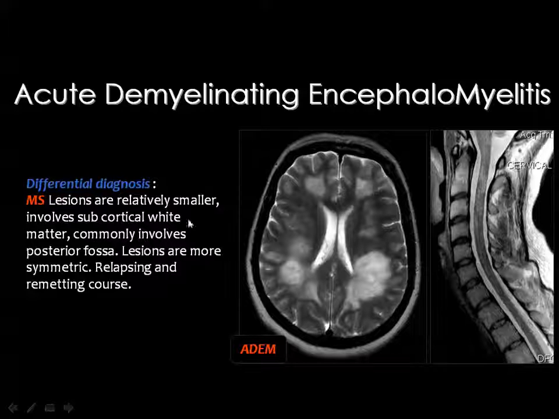In MS, the lesions are relatively smaller compared to the lesions with ADEM, and MS involves the white matter mainly, but ADEM can affect the cortex as well. And the lesions of MS are more symmetric.